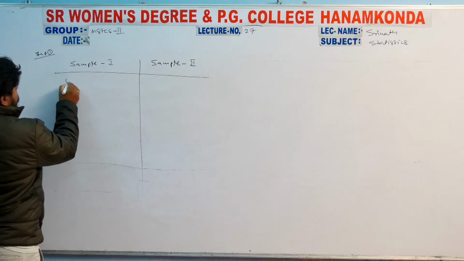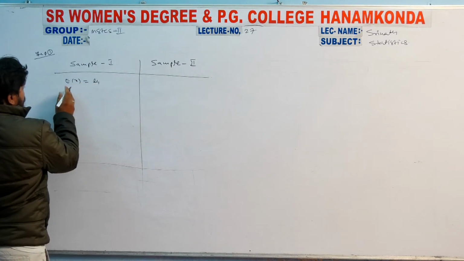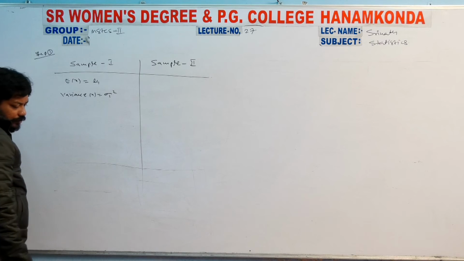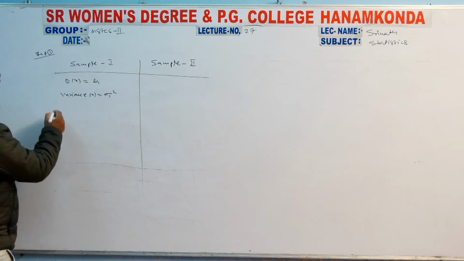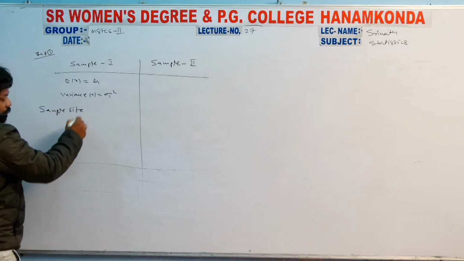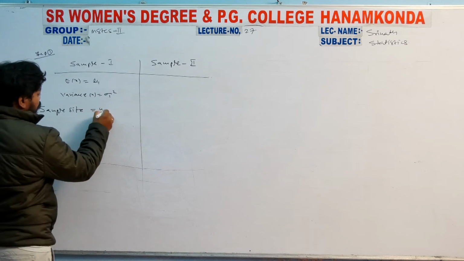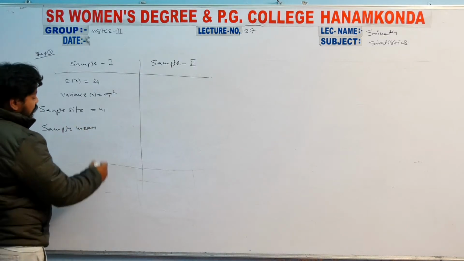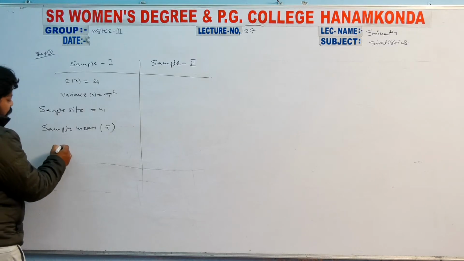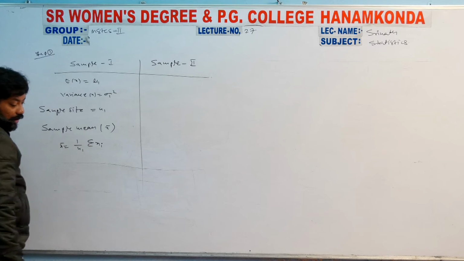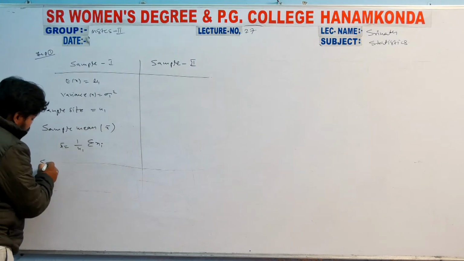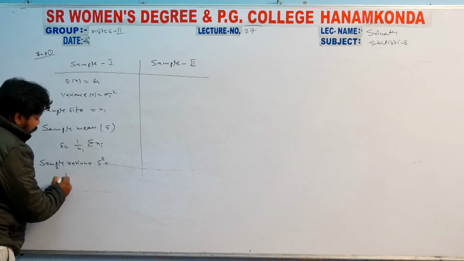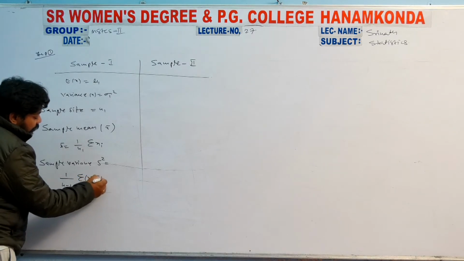Here for sample 1, mean expectation of x is equal to mu1, and variance of x is equal to sigma 1 square, and sample size is equal to n1, and sample mean is x bar, where x bar is equal to 1 by n1 summation xi, and sample variance s square is equal to 1 by n minus 1 summation xi minus x bar whole square.